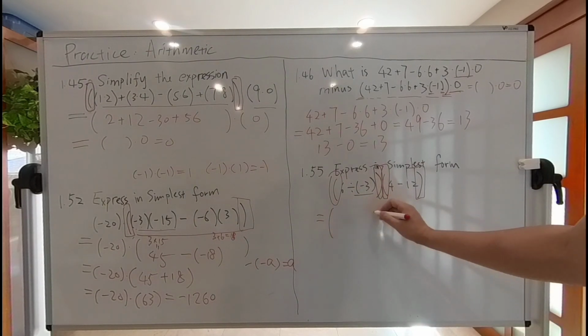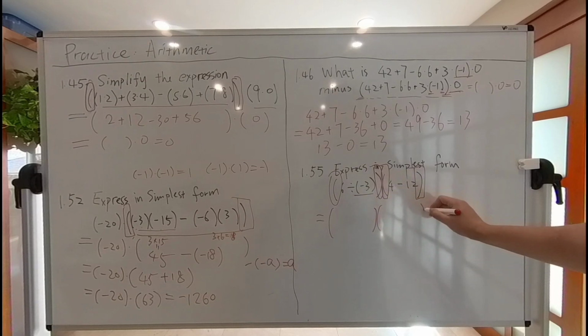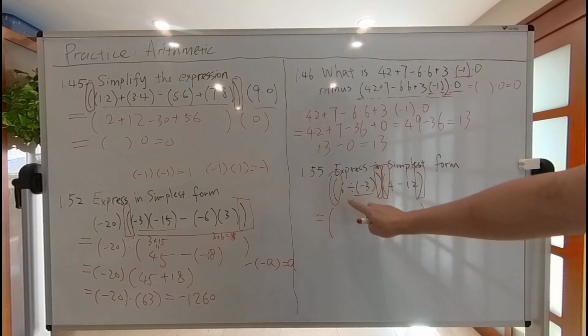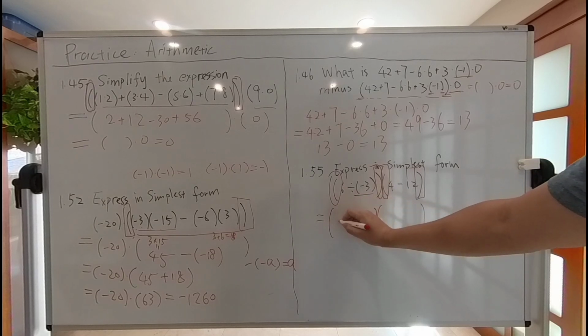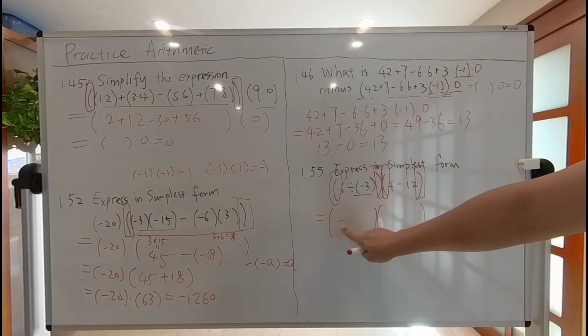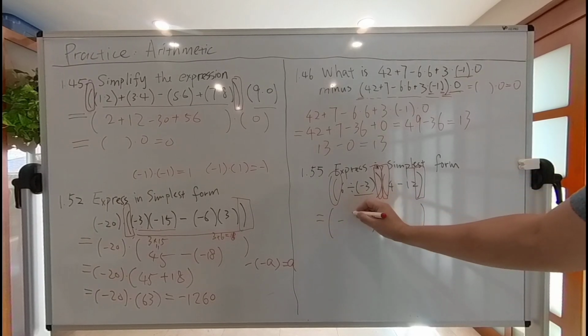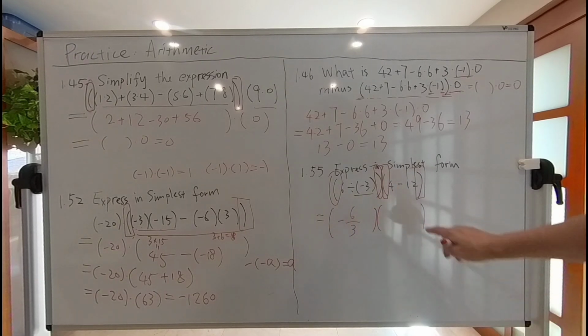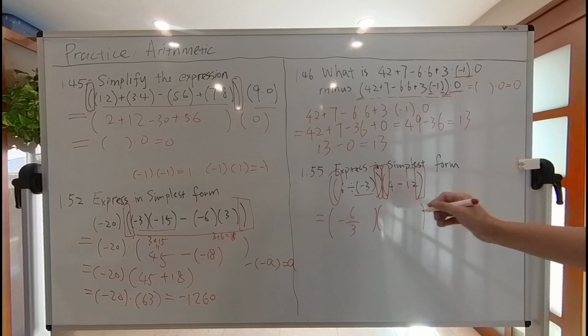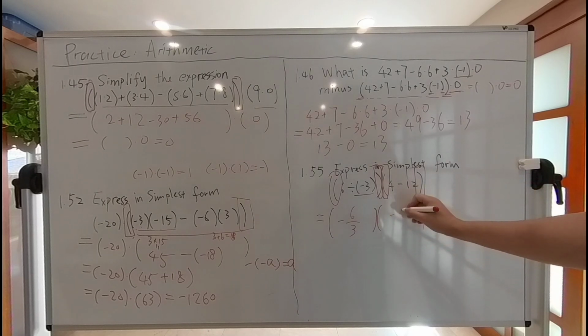So let's keep the outer layer of the brackets first. So 6 divided by -3, right? Positive, negative, so I have a minus sign in front, and 6 divided by 3. And here 4 minus 12 is just minus 8.